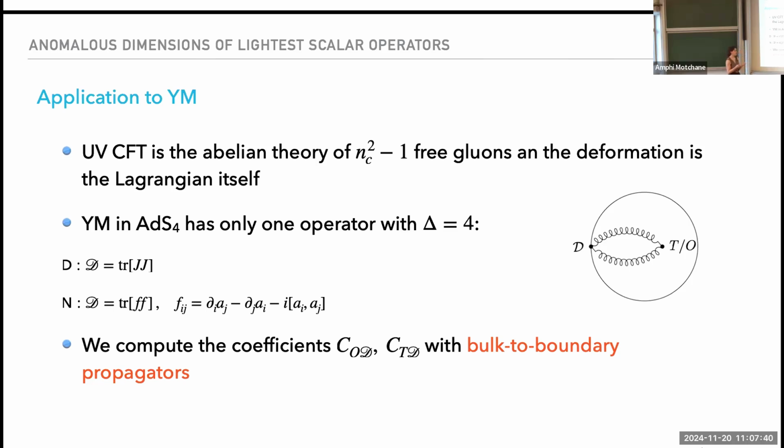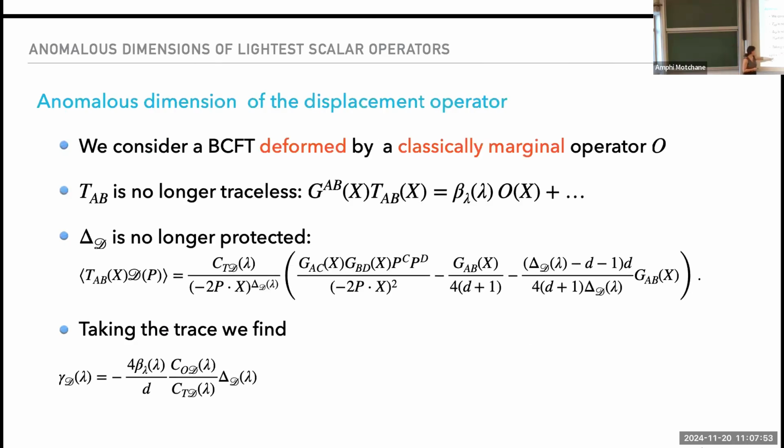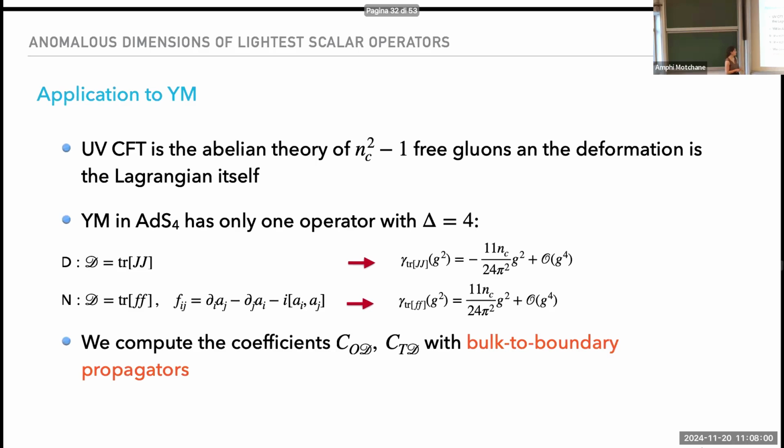We then simply need to perform Wick contractions between the currents at the boundary and the gauge field in the bulk, using the bulk-to-boundary propagator to compute these two quantities, C_D and C_T. We replace them in this expression, which is the beta function for Yang-Mills theories, and finally we can compute the anomalous dimension for the operators trace JJ and trace FF.